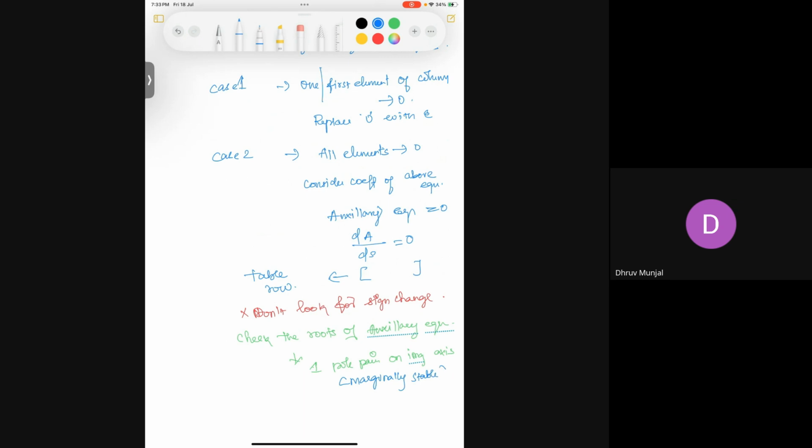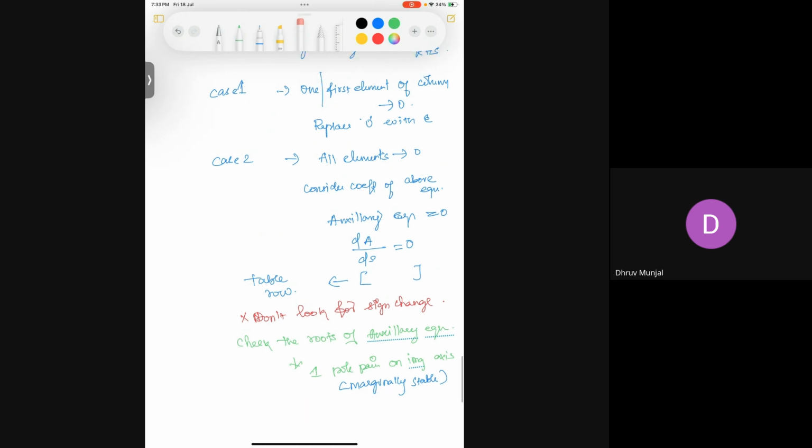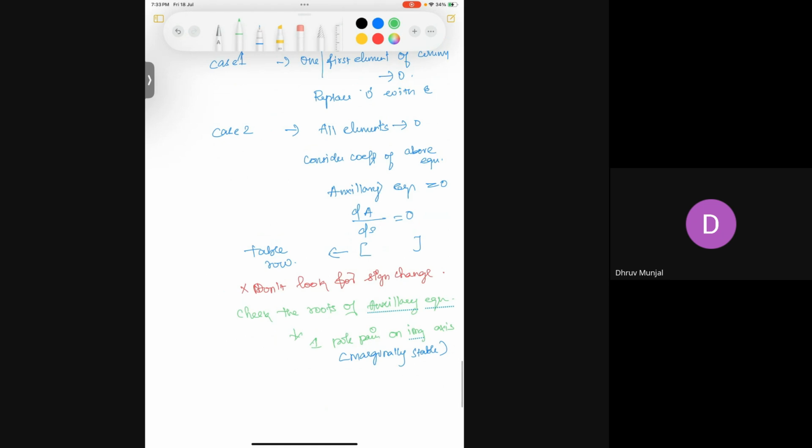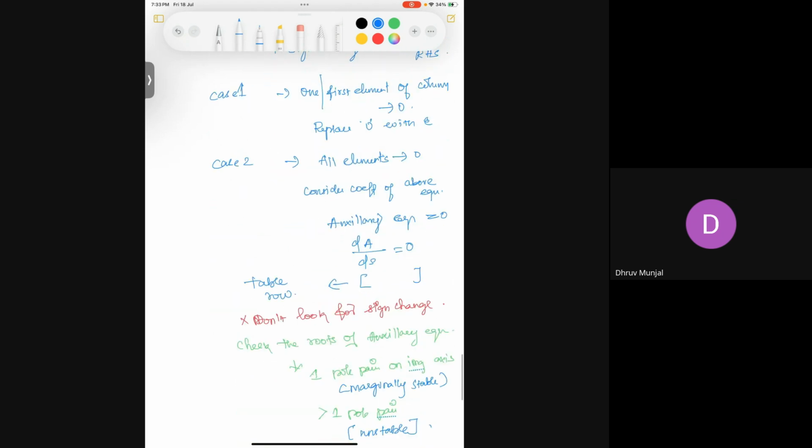It won't affect the stability unless it is pushed otherwise. If there is more than one pole pair, the system is unstable, because these extra pole pairs can increase the oscillations and push the system to the verge of instability. Right?